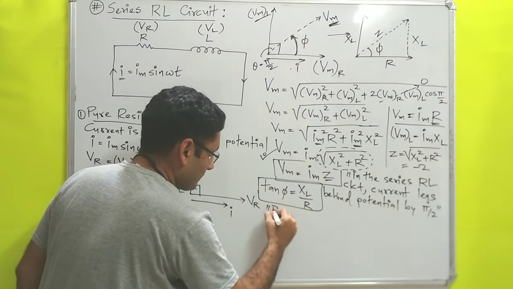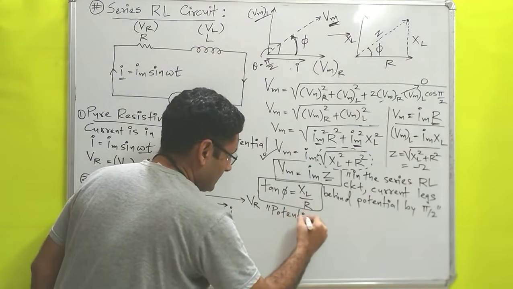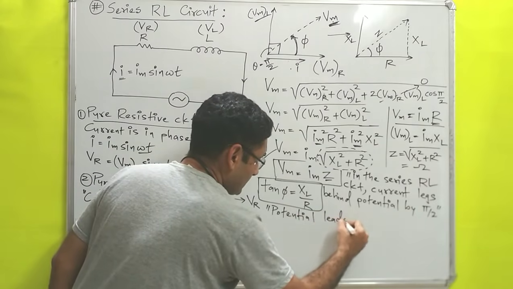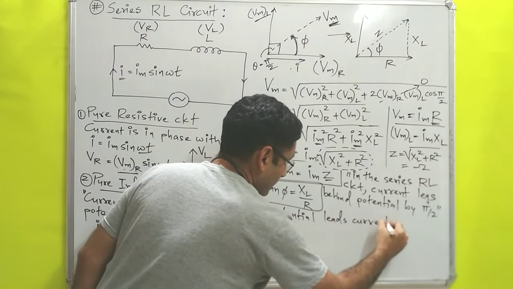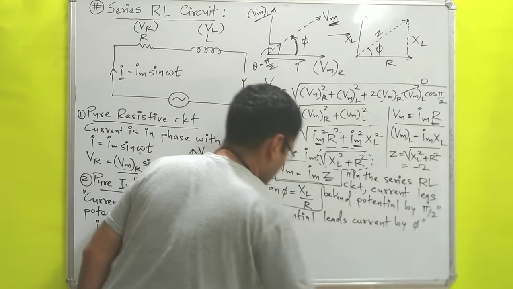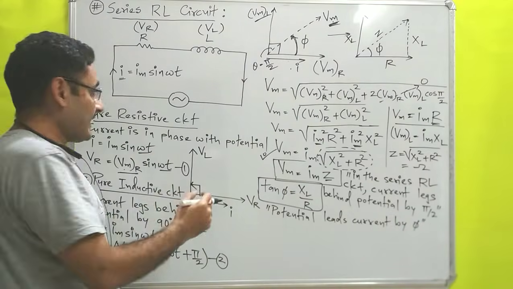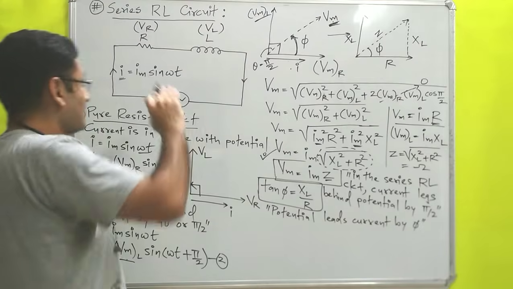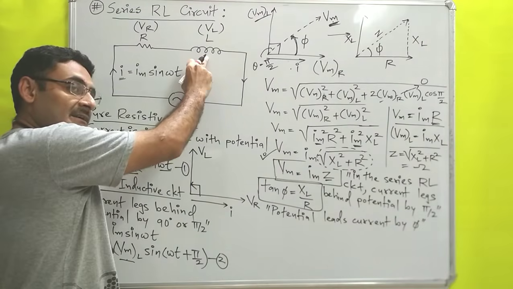So I will write potential leads current by phi. When both are combined, the current will flow the same through the inductor and resistor.